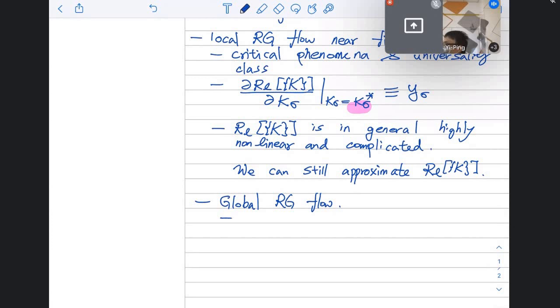These fixed points usually have correlation length 0, and they also characterize a particular stable phase. So from the global flow structure, or the topological structure of your RG flow, you know the topological structure of the phase diagram.